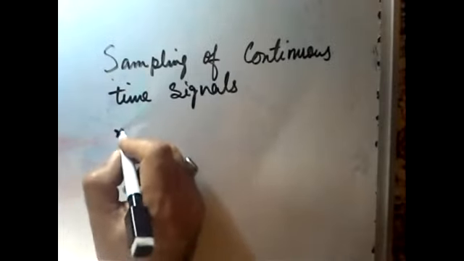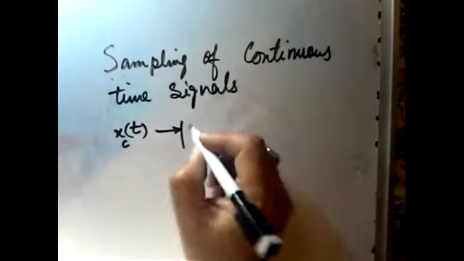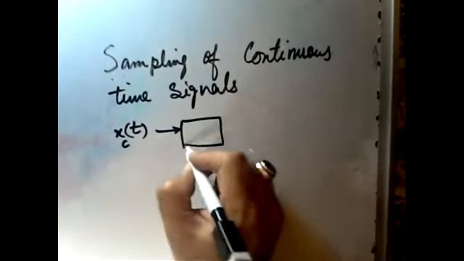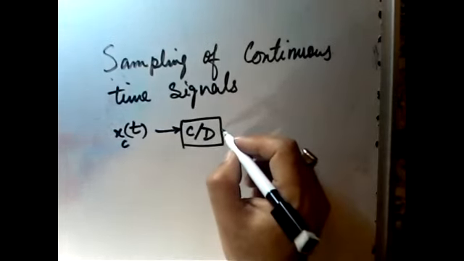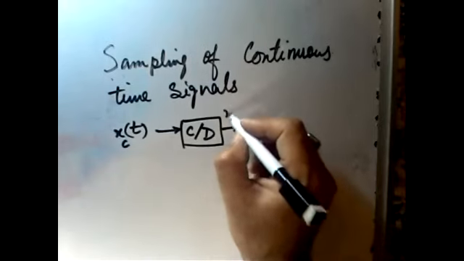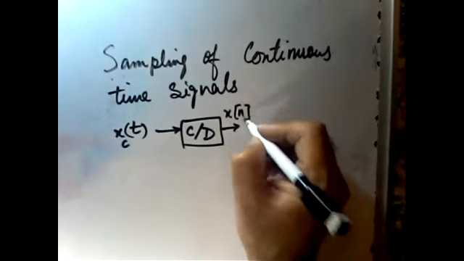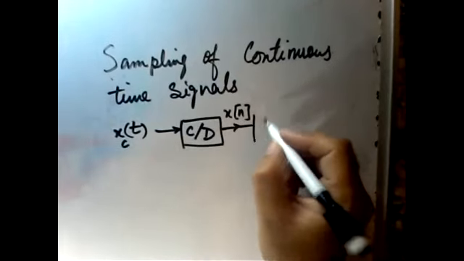So, if xc of t is a signal which we want to convert into a discrete signal. So it's a continuous signal and we want to convert it to a discrete signal. We can use a C to D converter, and you can get x of n.